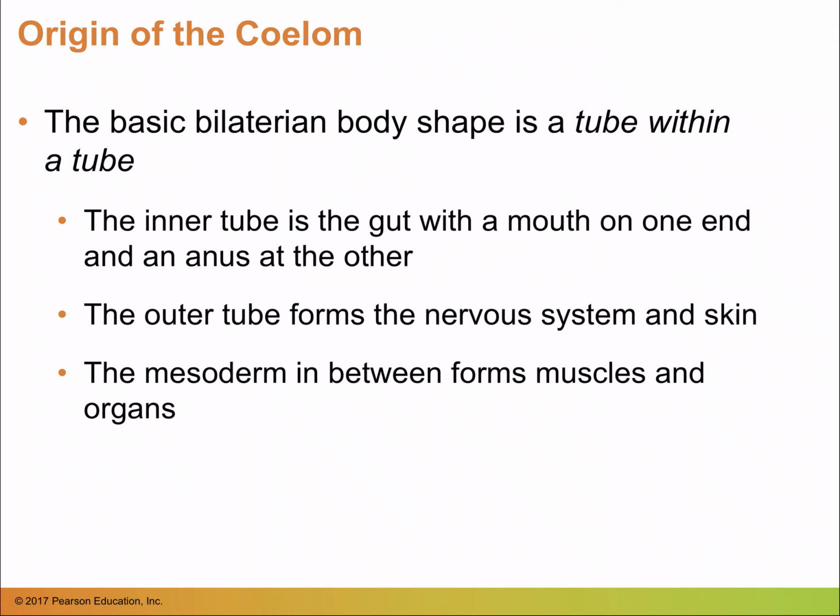We call that the coelom. Some animals have a coelom, some don't. The inner tube is the gut with the mouth on one end, the anus at the other. The outer tube has the nervous system around it and the skin. And in between the inner tube and the outer tube, you've got the mesoderm, which forms the muscles and the organs.